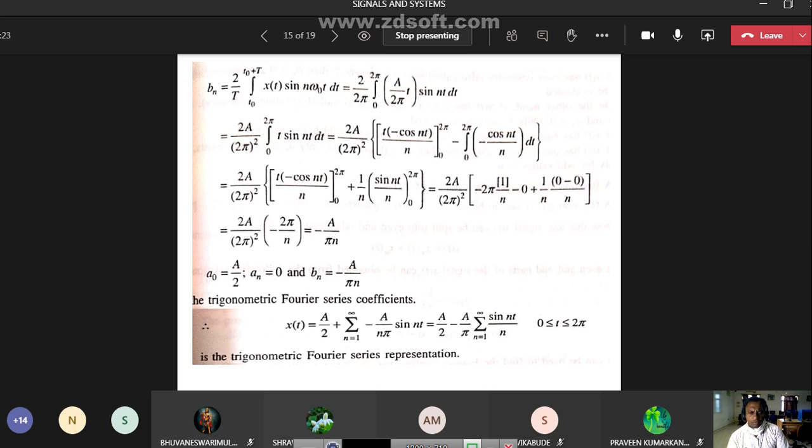Now these values a0, an, bn, we have to substitute in the standard expression. What is the standard expression? x of t is equal to a0 plus sigma n is equal to 1 to infinity an cos n omega naught t plus bn sin n omega naught t. That is the formula, right? We have seen it. I will go to that point again if you want.